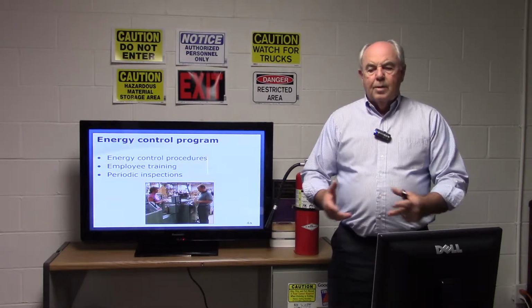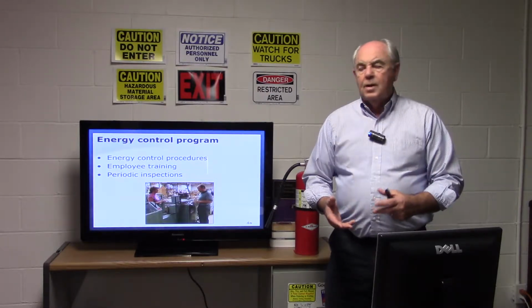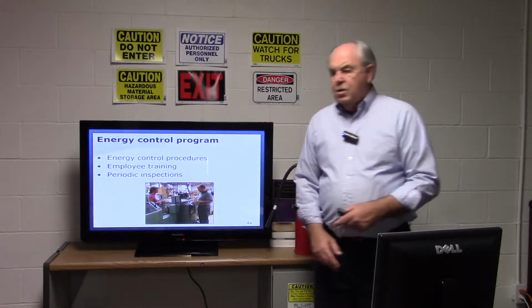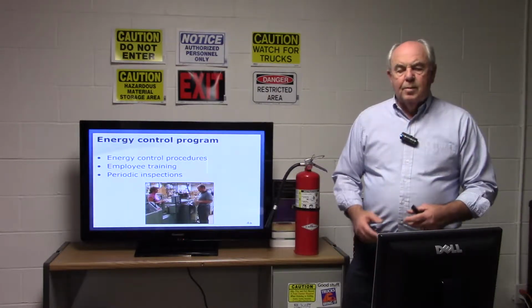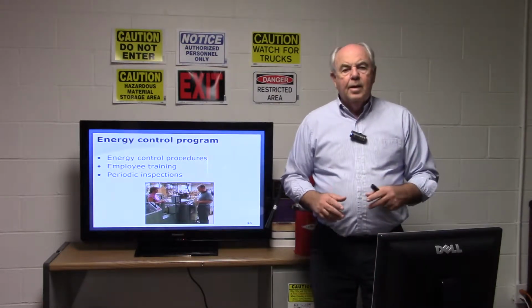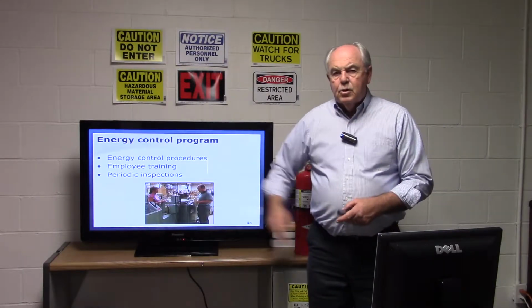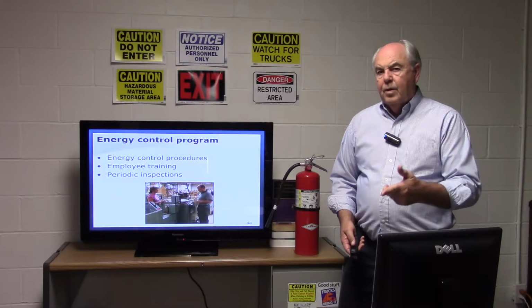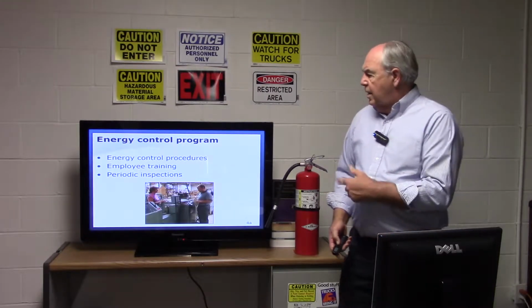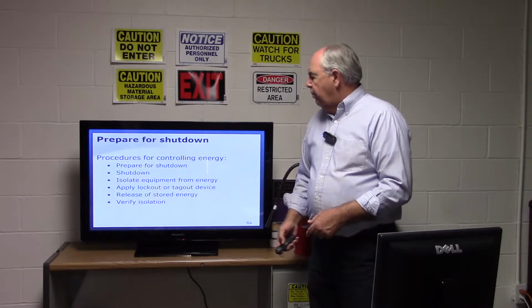And if there's new equipment or changes in some equipment, you might want to make some changes in your written procedures to make sure that it's shutting down all the energy sources that are coming into that machine. I think September 21st was the last time that I actually went through and looked at the procedures for the annual procedure review.